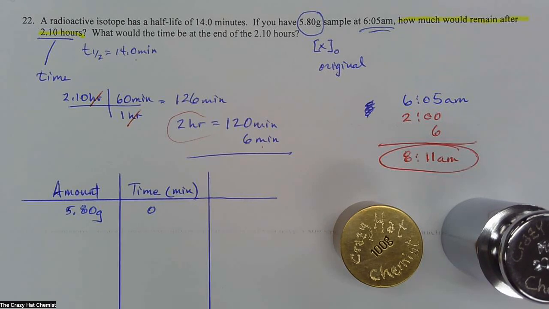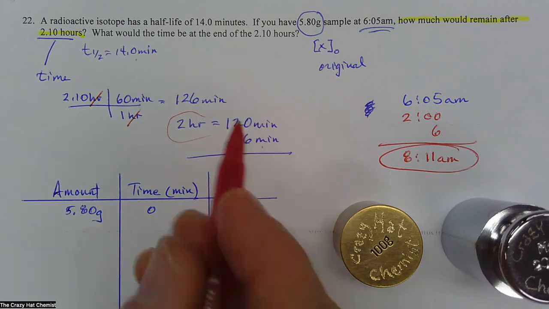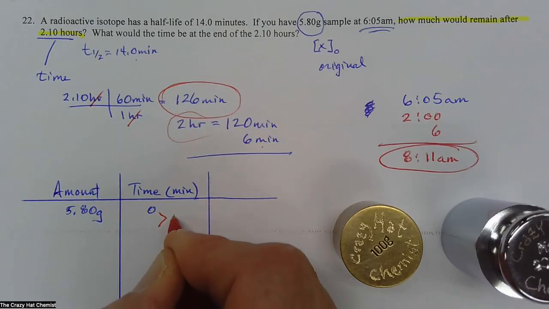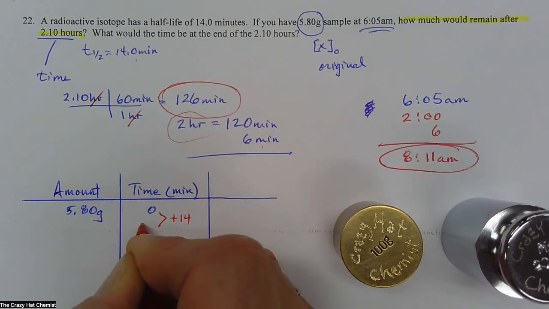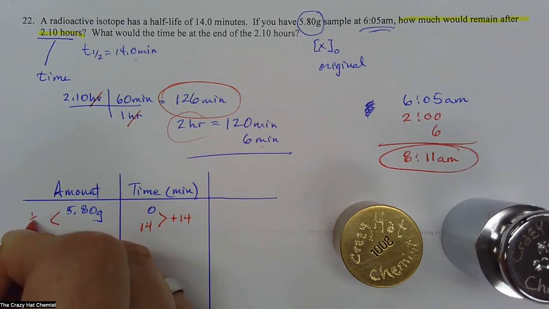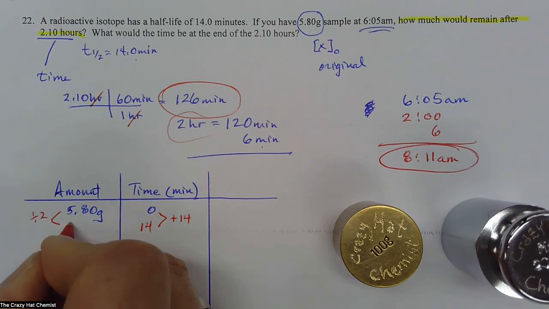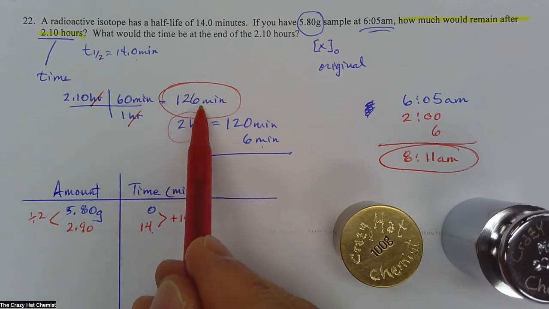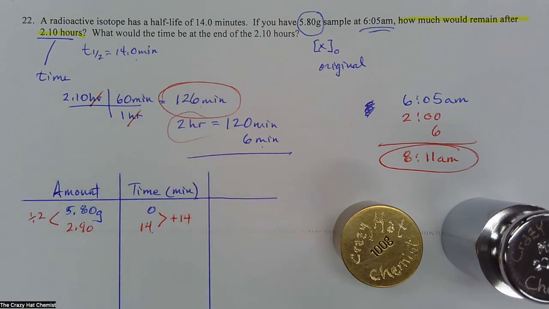Now, we are trying to figure out how much is left at 126 minutes. That is our total time. The half-life is 14 minutes. So what we're going to do is add 14 to this, and that will give us 14. We're going to divide this by 2. That will be 2.90. Well, 14 does not equal the 126. That's what I'm aiming for right now.